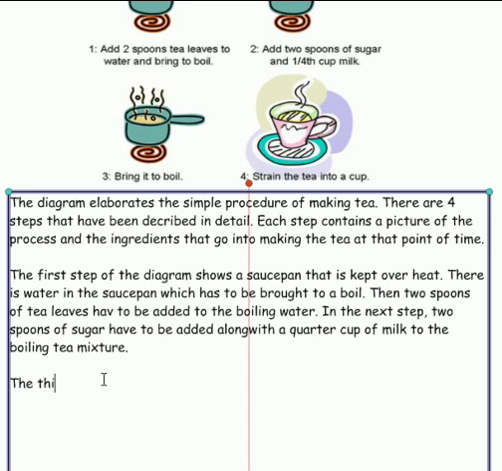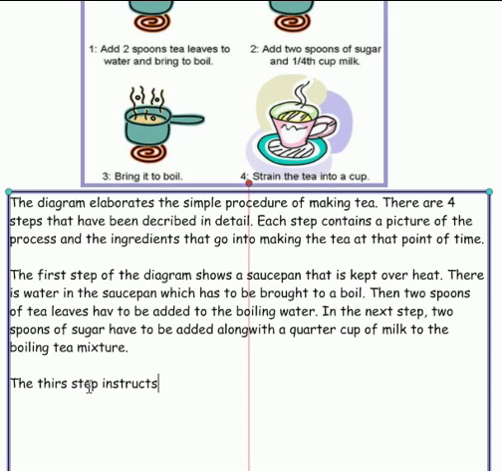The third step instructs us, because it's giving an instruction, to bring it to a boil over here. It instructs the maker to bring the final mixture to a boil, or to boil the mixture.